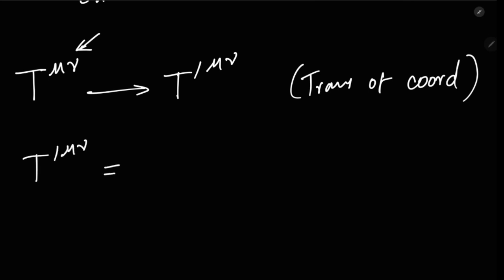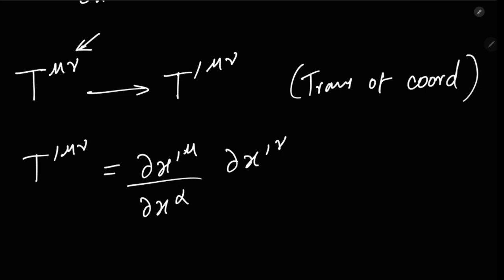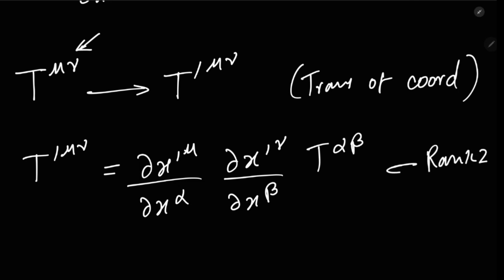T prime mu nu should be equal to del x prime mu upon, let's say, del x alpha, del x prime nu upon del x beta, T alpha beta. See, it is transforming like a contravariant tensor with respect to mu and nu. You can compare this definition with the rank 1 contravariant tensor and you'll see the similarity.